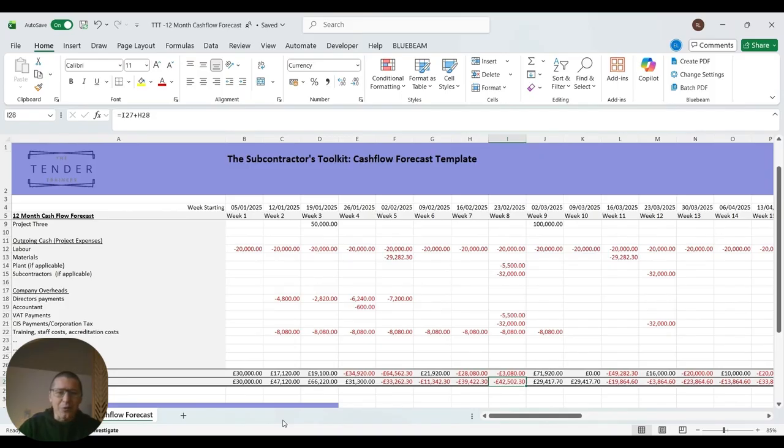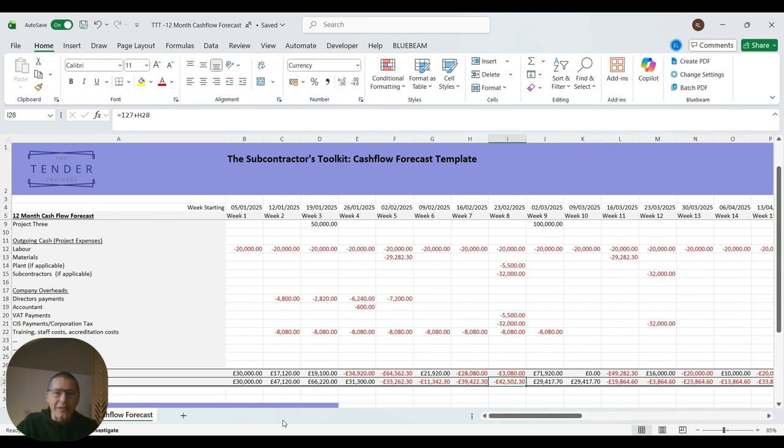Now, because we're getting on top of that early, maybe we can put some mitigation in place to deal with that. For example, we might have a 50K overdraft that lets us ride those couple of weeks out. Again, by no means does that mean you're not profitable. That's cash flow, and that's cash flow management.